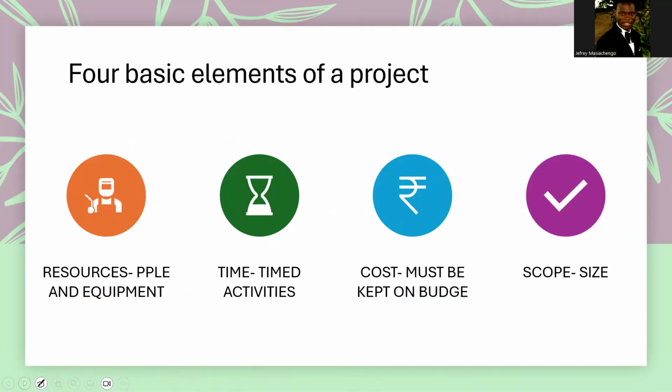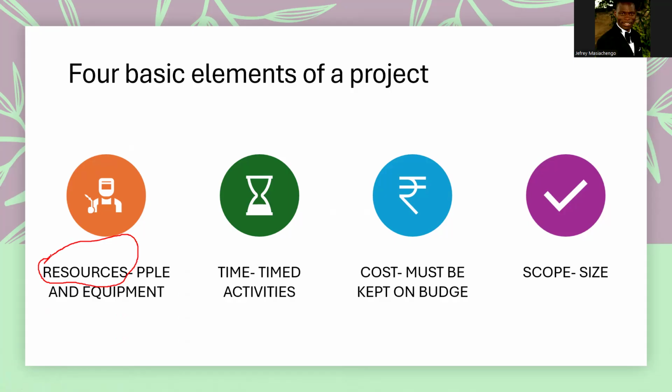Let me just get into some key concepts when you are managing a project. These are the 4 basic elements of project management. You are running a project, you're a project manager. You must be very particular about resources. Remember, resources are scarce.